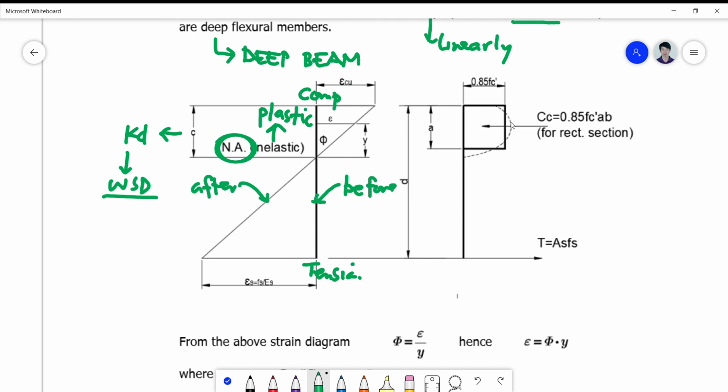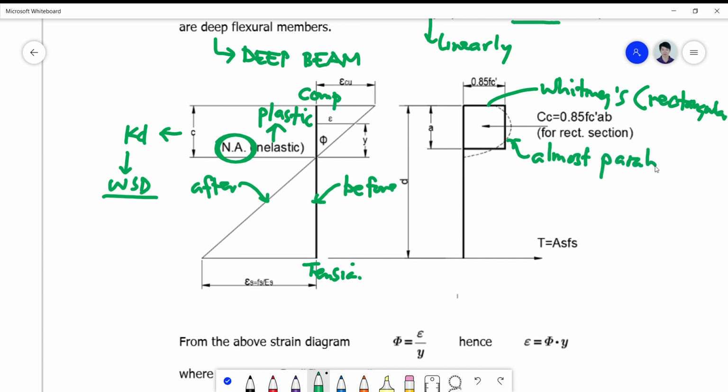And of course, your compression force resultant is defined on the basis of Whitney's stress distribution, which is rectangular in nature, but in actual situations, this is normally very near to a parabolic. It's not a parabola, but it's very close to it.